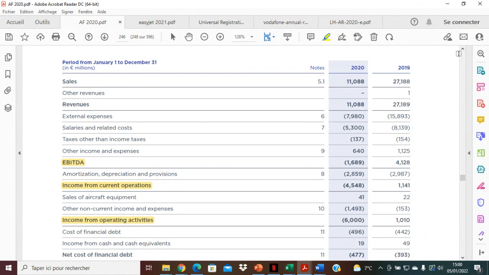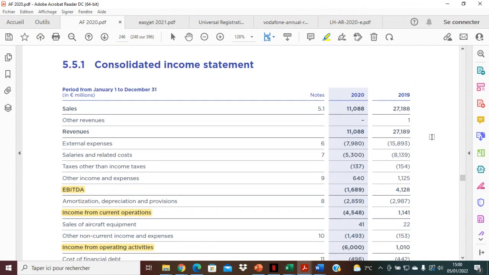So tell me here, by looking at the income statement of Air France, do they use an income statement by nature or an income statement by function? What do you think? Income statement by nature or income statement by function?